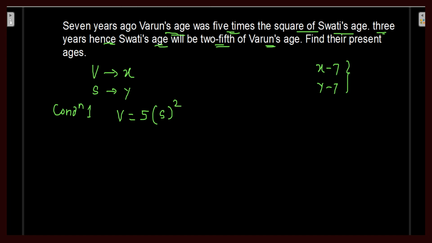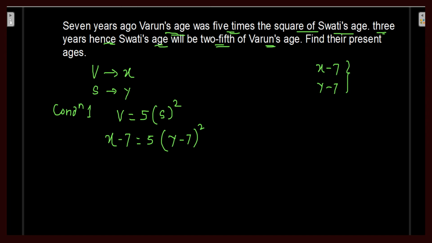This is the condition given to us. So Varun's age is X minus 7, which is equal to 5 into bracket Swati's age, Y minus 7, bracket square.